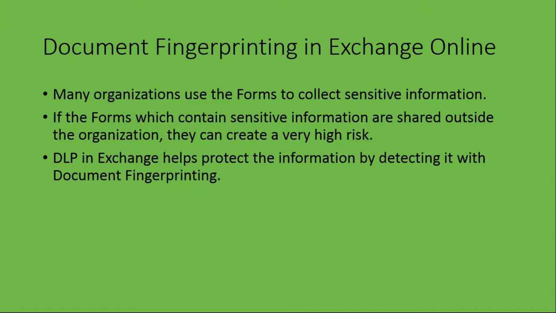In organizations, as we know, different departments collect sensitive information in the form of forms. Like the HR department gives us forms and they collect our personal information, like name, address, date of birth or phone numbers, the social security numbers, any employment related forms or something.